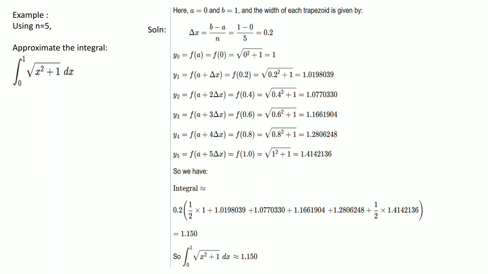We substitute the values in the formula and obtain the answer as 1.150. So the integral of 0 to 1 of the square root of x square plus 1 dx is nothing but 1.150.